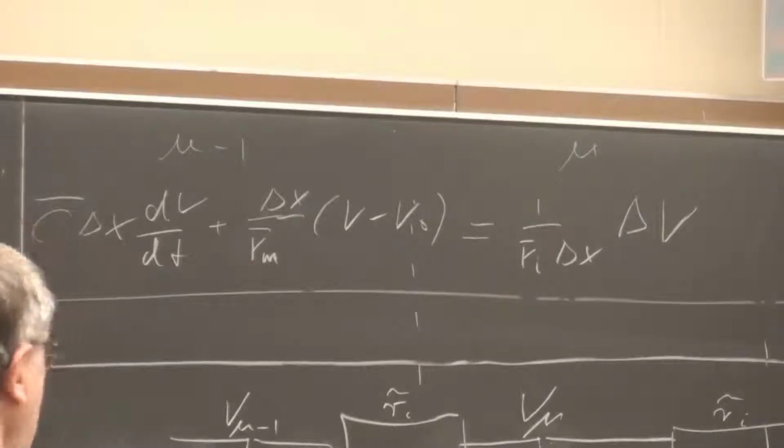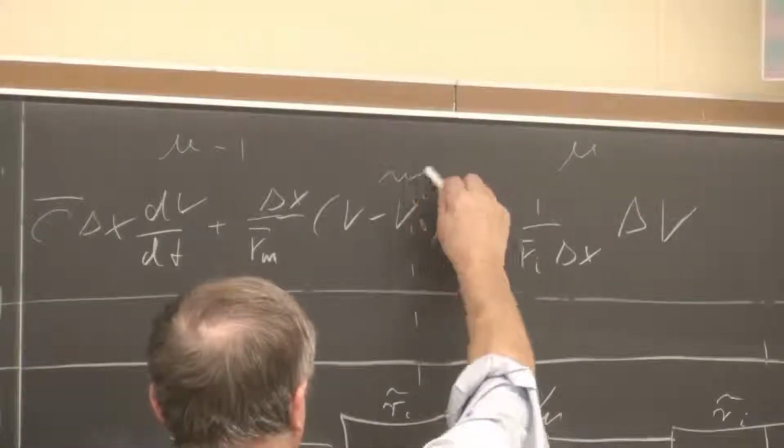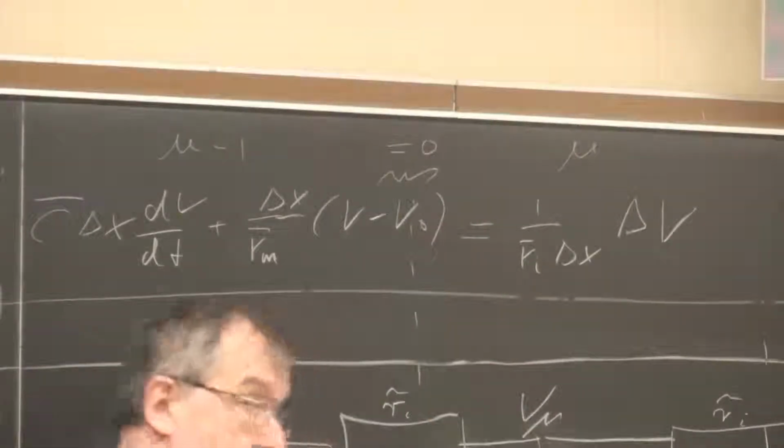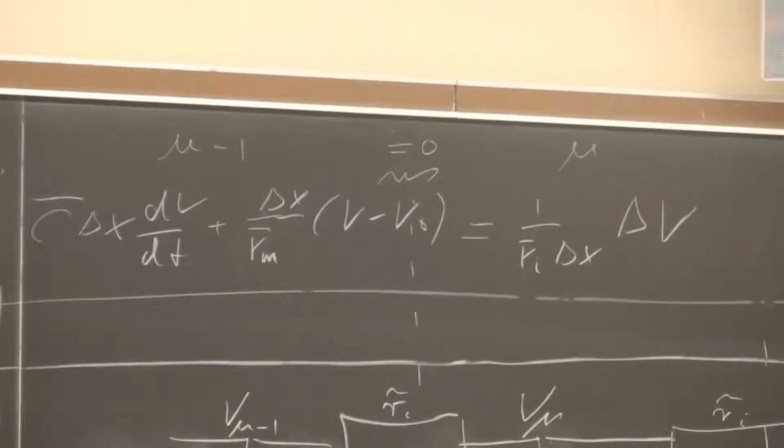Now the V0, I can take V relative to V0, so I put it to 0. Voltage is relative to V0.